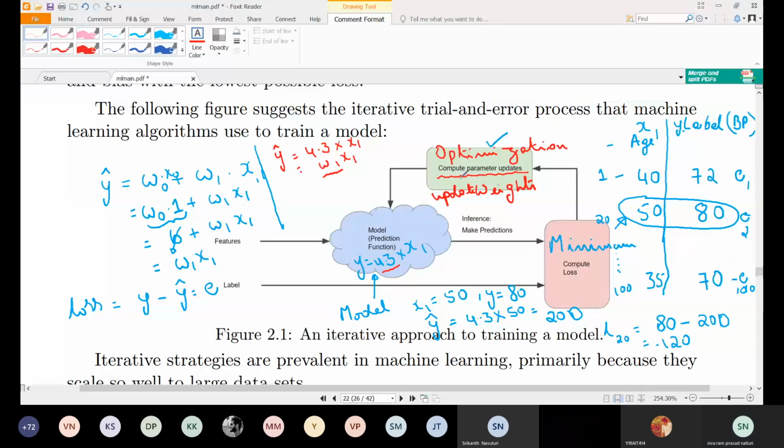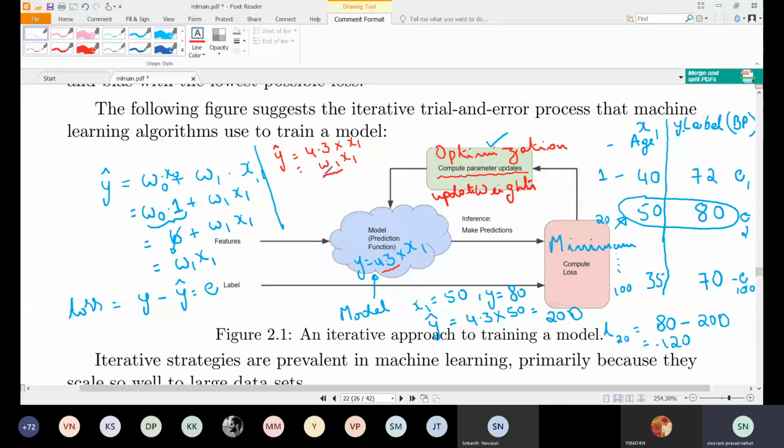So initially you assumed that whatever may be the age, if you multiply that age with 0, which is the value of the weight, you will get the BP. So 10 years also 0 BP, 100 years also 0 BP. So that is your model.